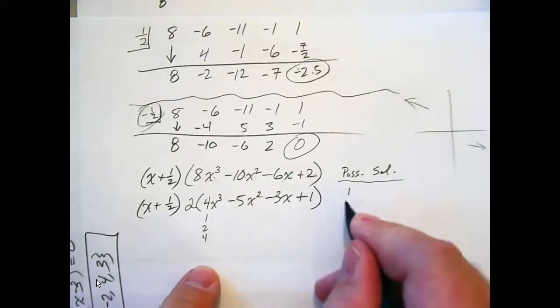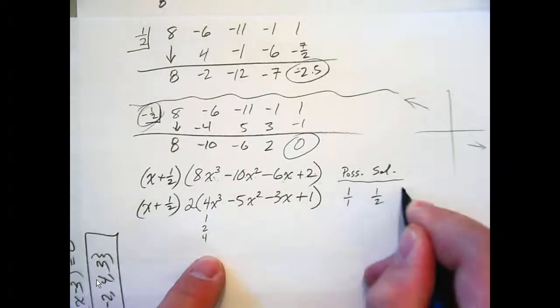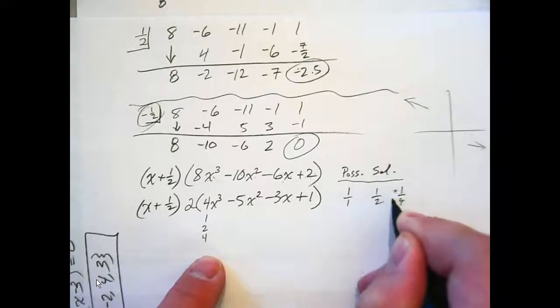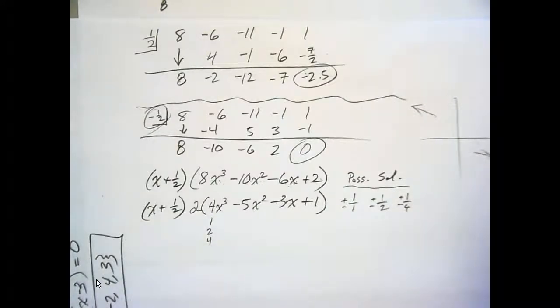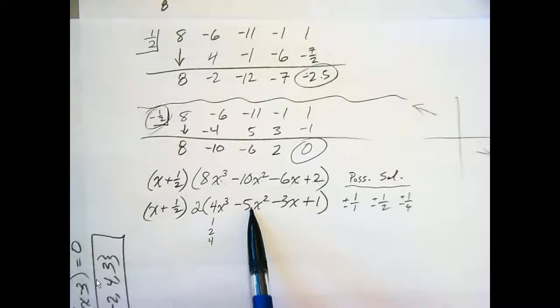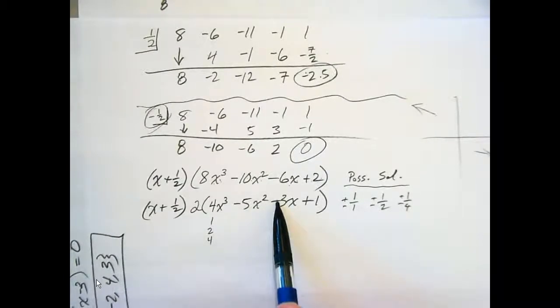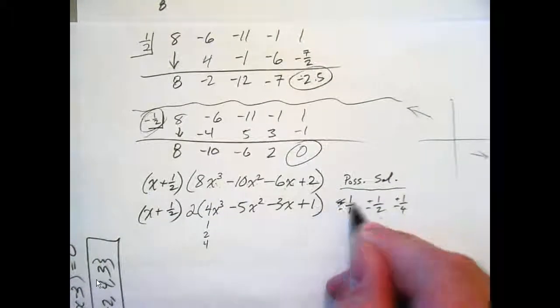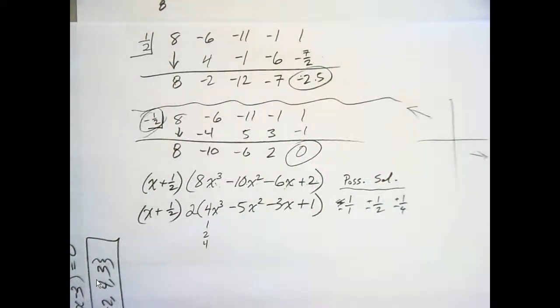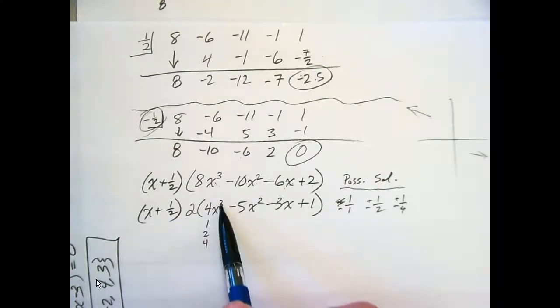So 1 over 1, 1 over 2, and 1 over 4. Does 1 work? 4 minus 5, negative 1 minus 3. Nope, 1 doesn't work. Negative 1 just flips your odd powers.